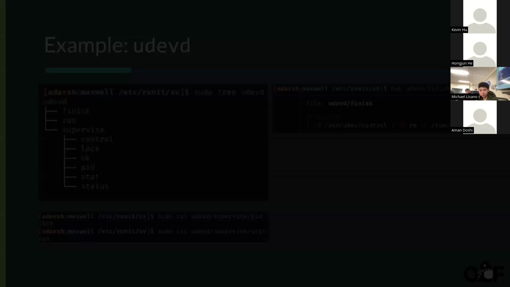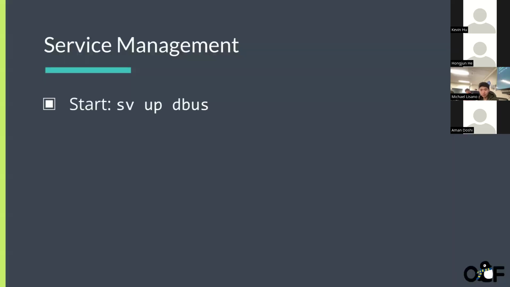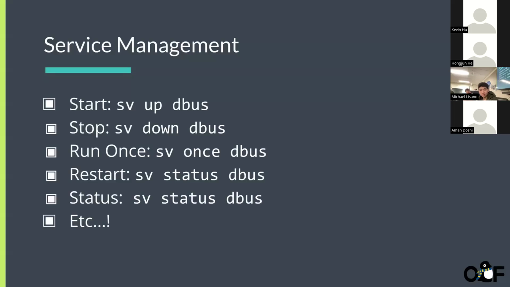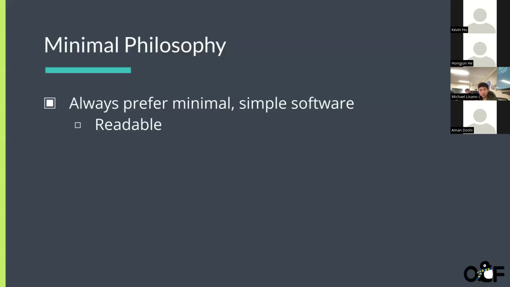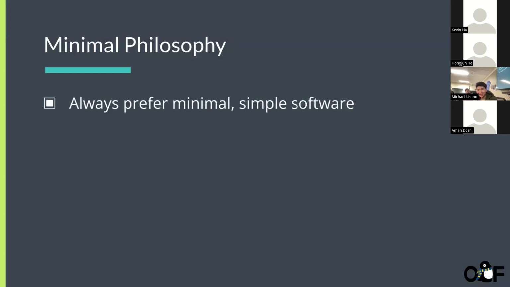There's another example. Okay, this is just propaganda at this point, but as Adarsh wrote, we should always prefer minimal, simple software because it's readable, we can ensure that it's bug free, and it's simple.